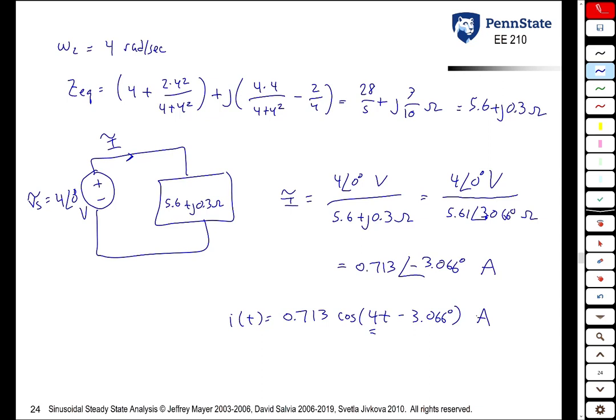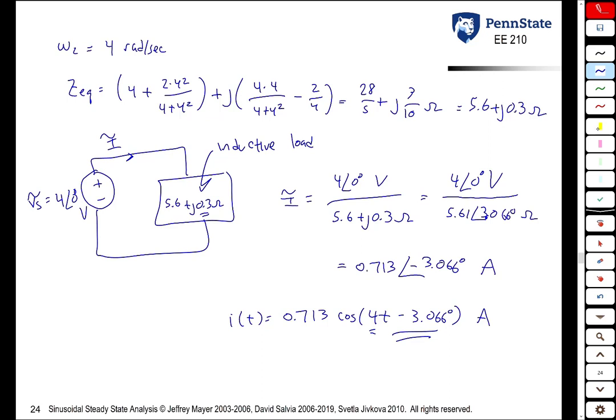What we notice here is that the current is going to lag the voltage by a little bit. And this makes sense because the equivalent impedance has a positive j component. In other words, at a frequency of 4 radians per second, the inductor plays a bigger part than the capacitor, and so this is what we call an inductive load.